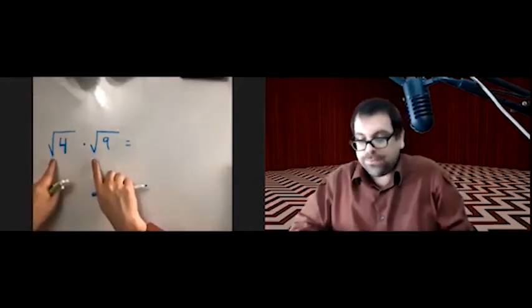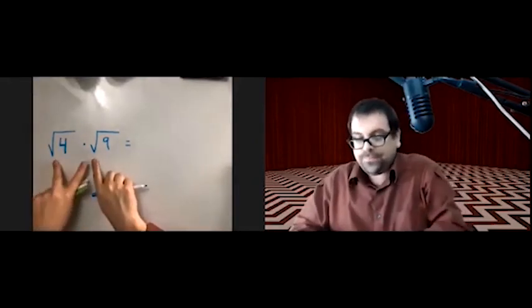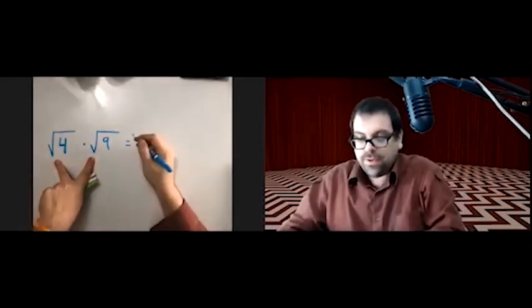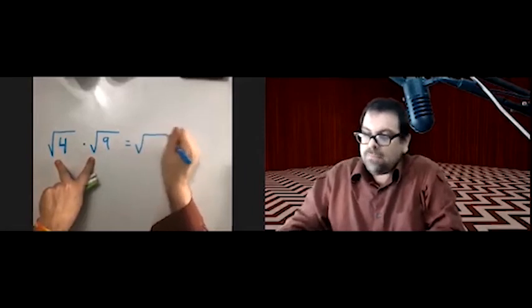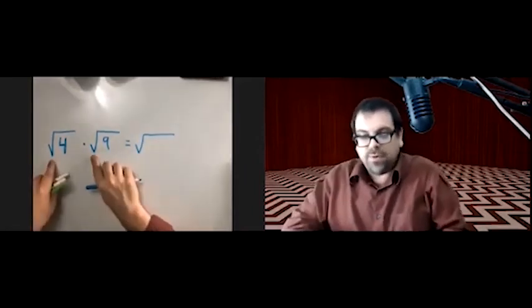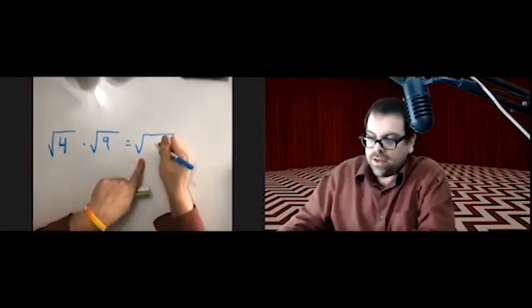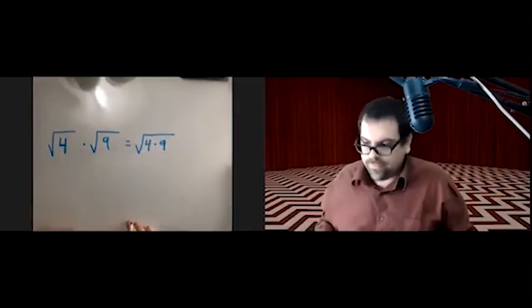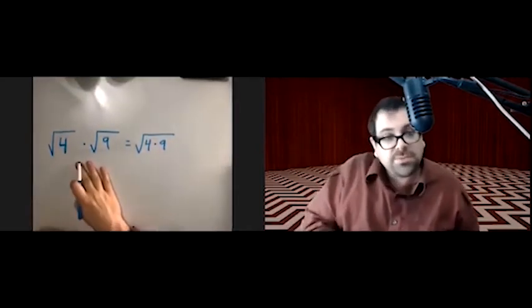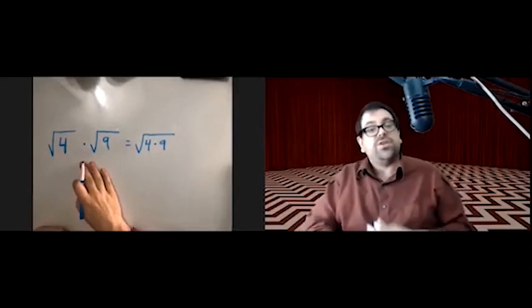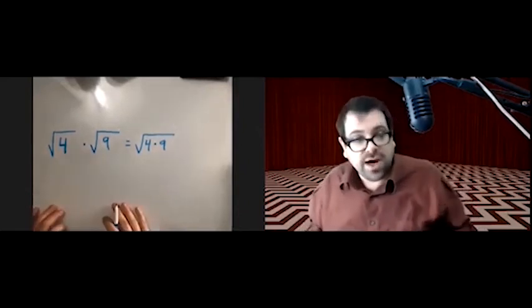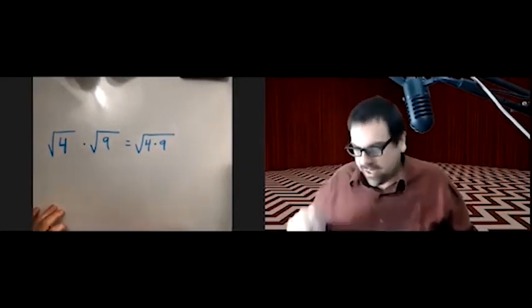Square root and square root. We can combine it, since they both have the same radical, under one single radical. This works for multiplication. This works for division, not for addition and subtraction, just multiplication and division.